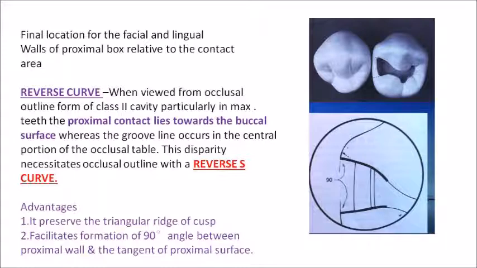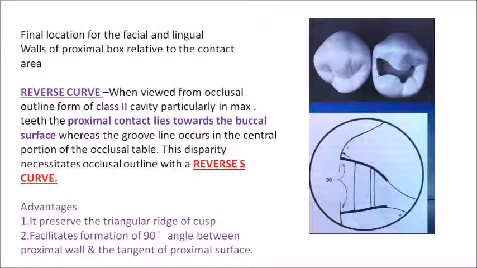There you are leaving the contact between the adjacent teeth. That curvature which we are giving to the outer tooth form is the reverse curve, whereas the groove line occurs in the central portion of the occlusal table. This disparity necessitates the occlusal outline form with the reverse S curve.